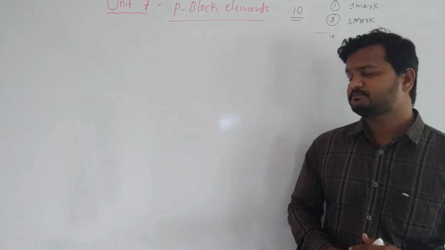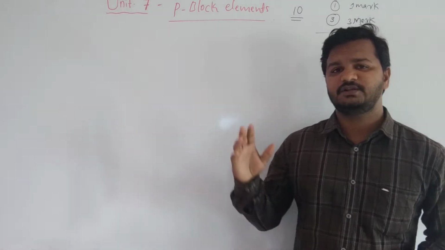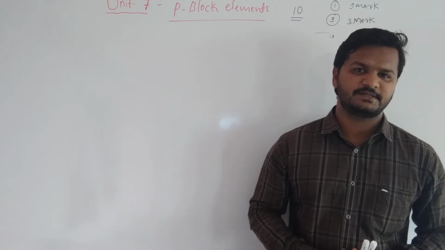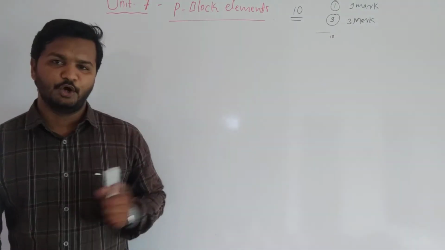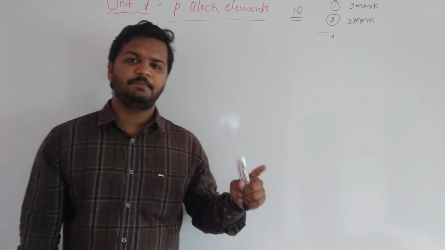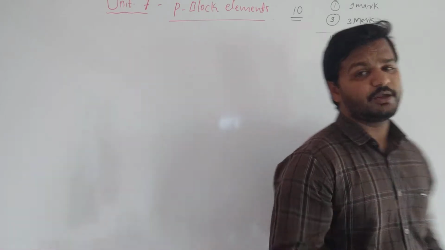Students, what is the general electronic configuration for P block elements? It is noble gas ns2 np1 to 6. This is the general outermost electronic configuration of P block elements.